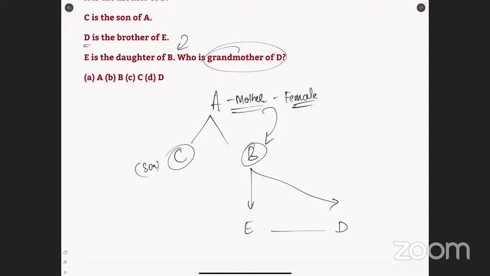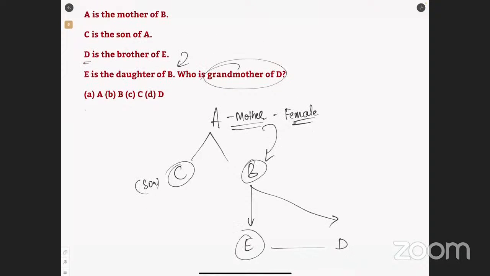But B has two children, E and D. Now the question is, what is the relationship of D and A? Or rather, who is the grandmother of D? The grandmother of D is none other than A, because D's father or mother is B and B's mother is A. So therefore, grandmother of D is obviously A, and the option which selects A is option A itself. I hope it is clear.